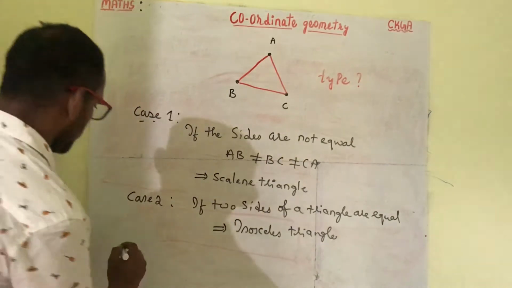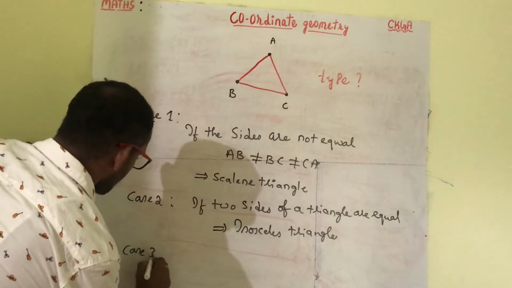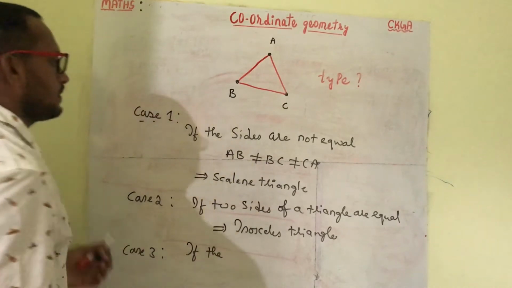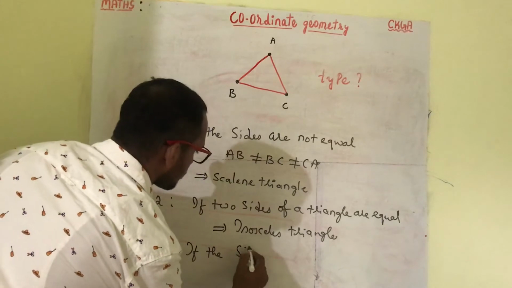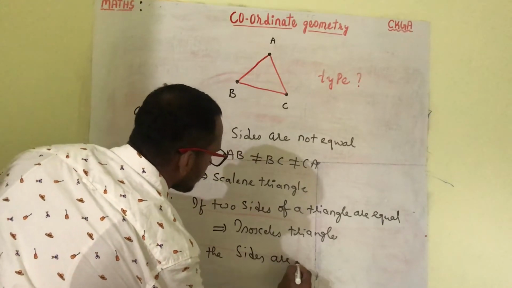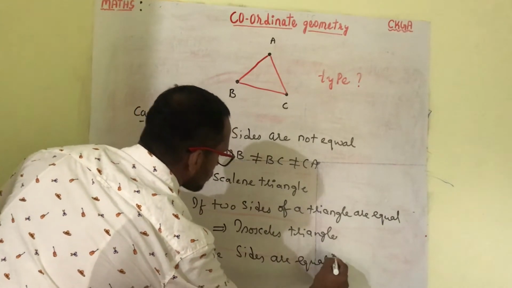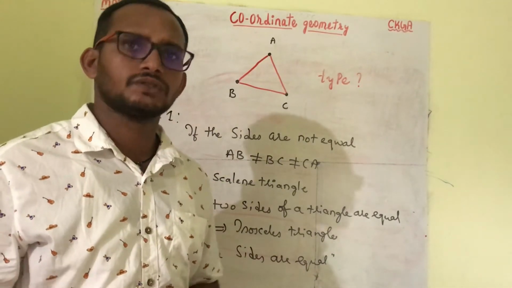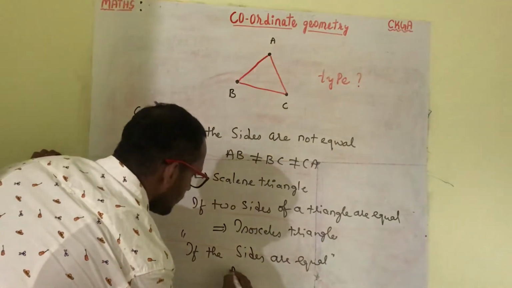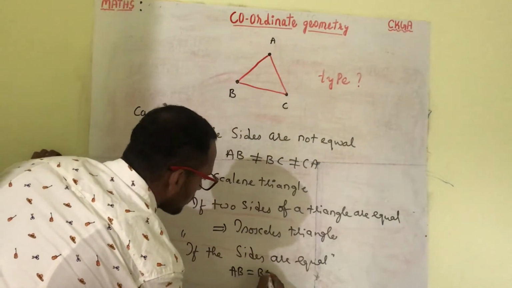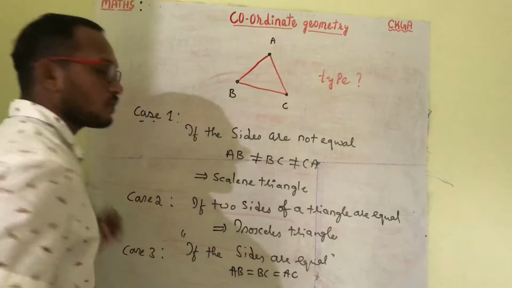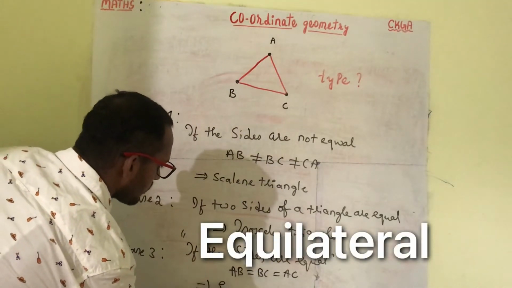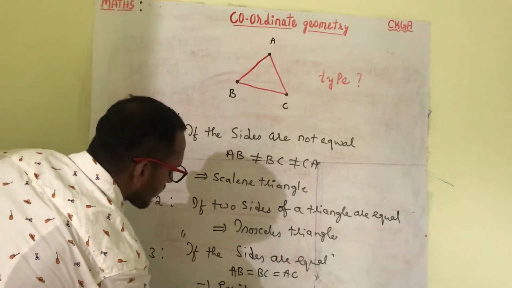So what about case 3? Case 3, if the sides are equal. In a given triangle, if all the sides are equal, that is AB equals BC equals AC, then what would be the conclusion? It will be an equilateral triangle.